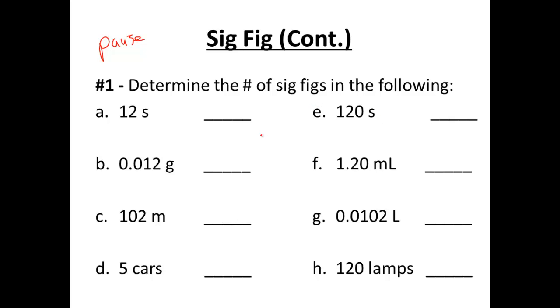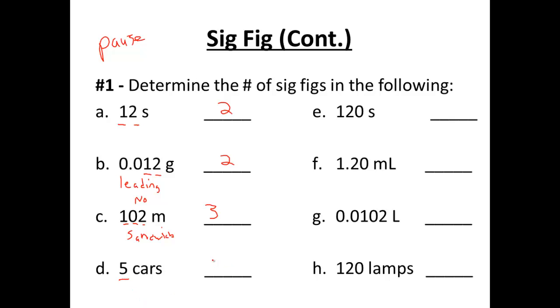So I know that you've gone through the problems. Our first one, 1, 2 digits. Our measurement has 2 significant figures. For B, 2 digits, leading zeros are no, so we have 2 significant figures. 102, we have a sandwich zero, so 3 significant figures, all are significant. 5 cars.